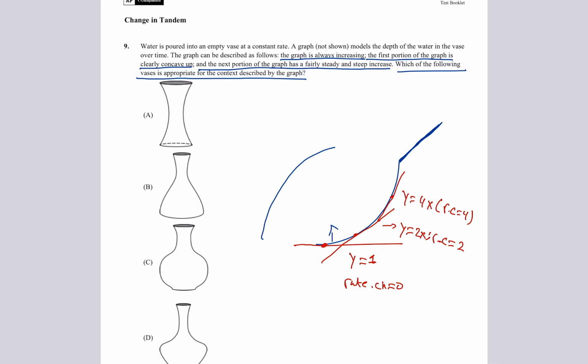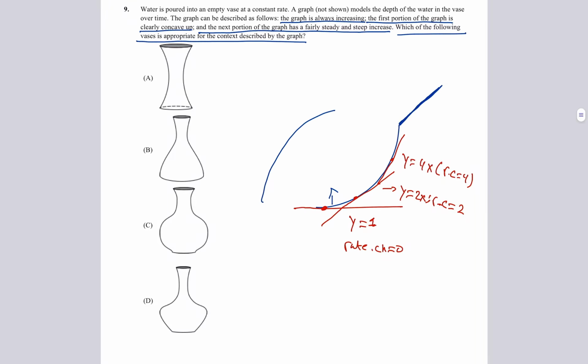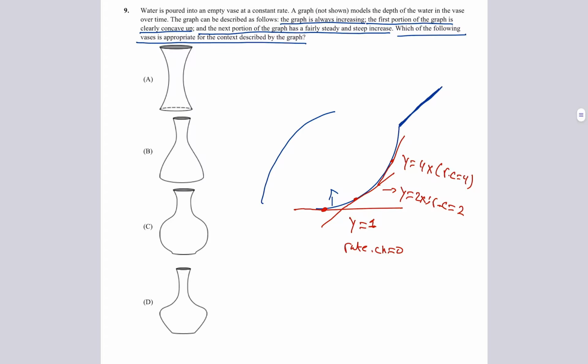And this is basically the speed at which the vase is filling up. Now, if you look at the graphs, it would make sense if we go with option B, because it does take time for the vase to fill up at this point.